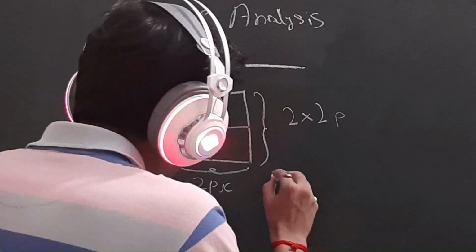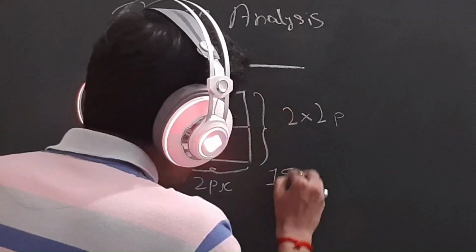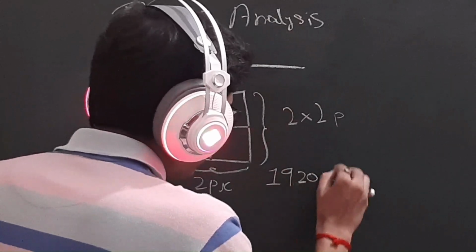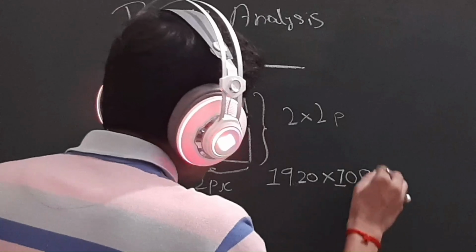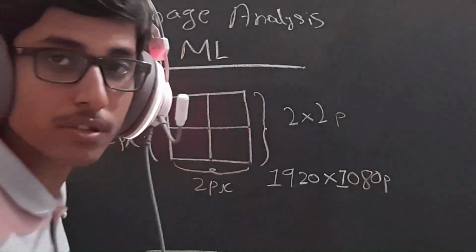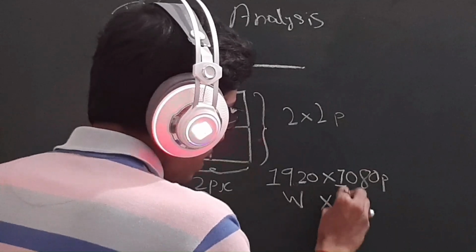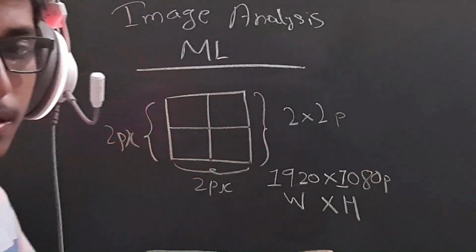Well, if you see a full HD image, the pixel dimension is 1920 into 1080p. This P denotes pixels. This is width into height, right?